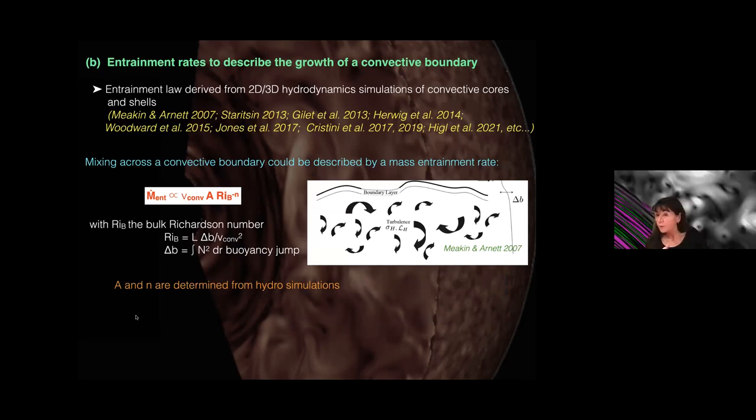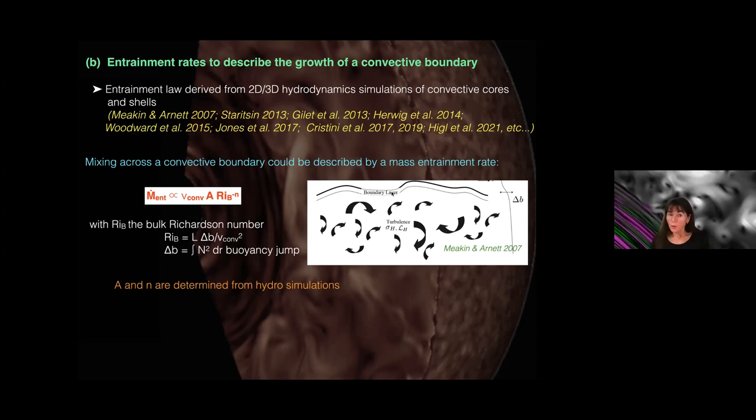You can also derive from multi-dimensional simulations entrainment rates to describe the growth of a convective boundary. This is based on the idea, looking at this schematic drawing from Meakin and Arnett in 2007, where you have a convective core and a turbulent boundary layer, which slowly diffuses, and where the mixing in this boundary increases and increases, resulting in the end in an increase in mass of this boundary layer, and therefore an increase in mass of the convective boundary.